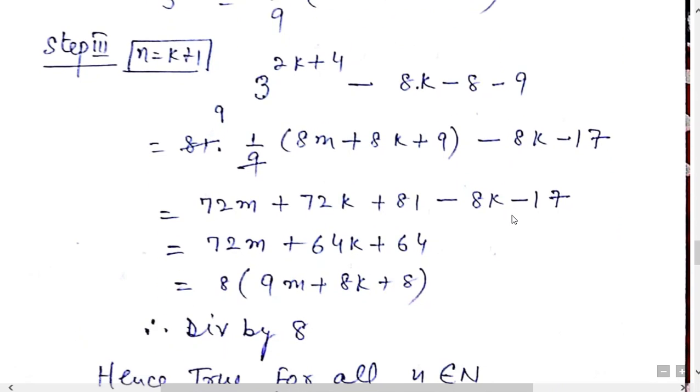Now what about step number 3? Insert n is equal to k plus 1. It's 3 raised to power 2k plus 4 minus 8k minus 8 minus 9. Now insert the value of 3 raised to power 2k, 1 over 9, 8m plus 8k plus 9, and in place of 3 raised to power 4 you can write 81. 9 into 9, 81, minus 8k minus 17.